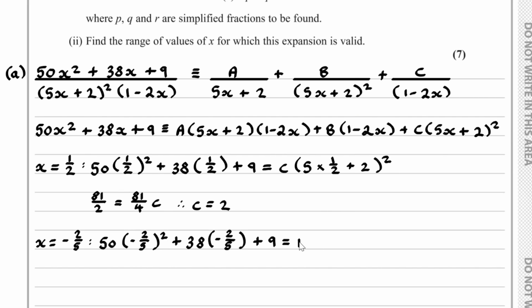We are left with b lots of 1 minus 2 lots of minus 2/5.